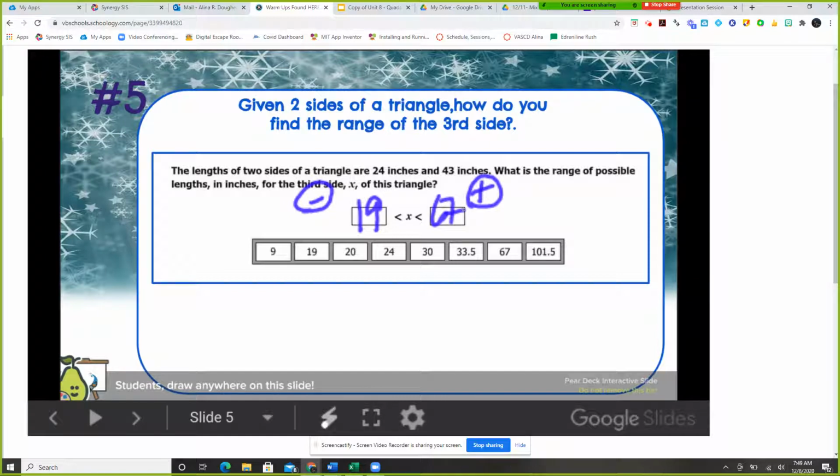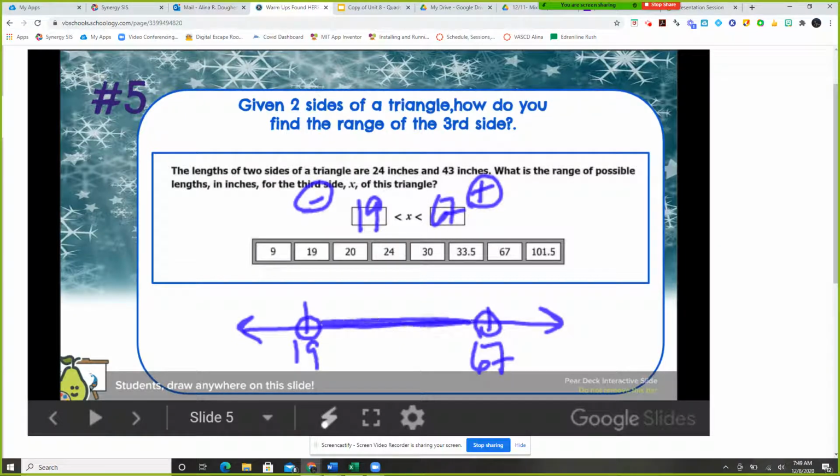This question is a little bit different though. It's asking what the possible third sides are. If I think about a number line, I would put the 19 on one side and the 67 on the other side. Those are open circles. I can't have them equal those numbers because that would be a flat triangle. I want everything in the middle of 19 and 67, so I can't choose 19 and I can't choose 67.